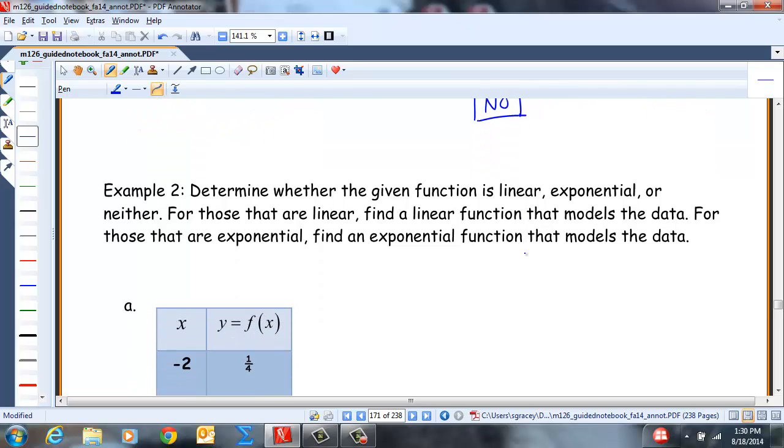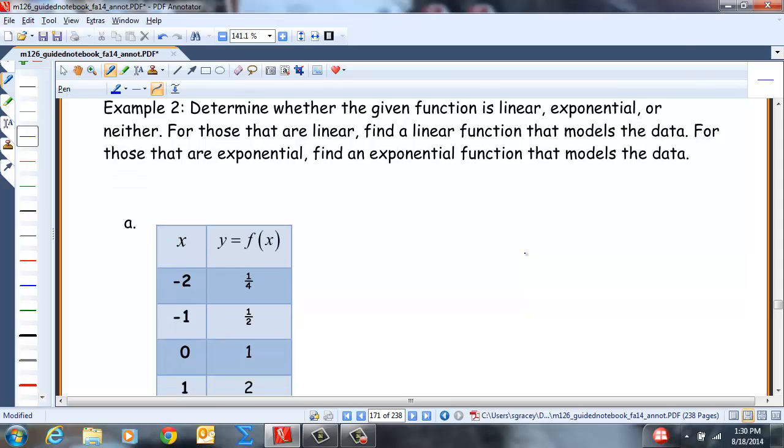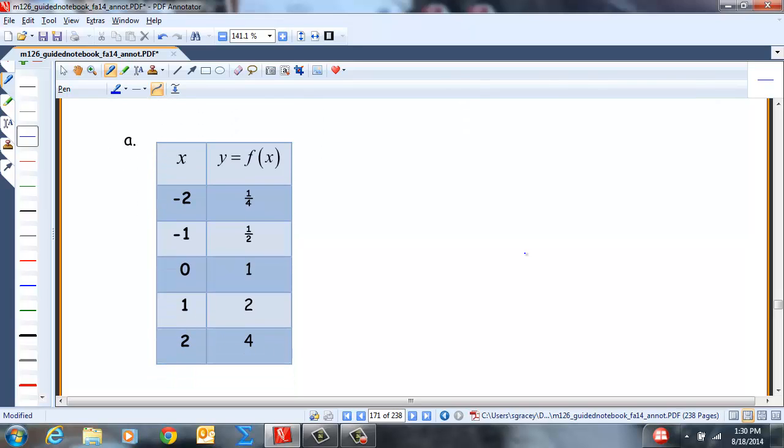Okay, so next example. We're going to determine whether the given function is linear, exponential, or neither. A linear function has a constant slope or average rate of change. And an exponential function, we just learned, has a constant ratio of consecutive outputs. So let's extend this chart.